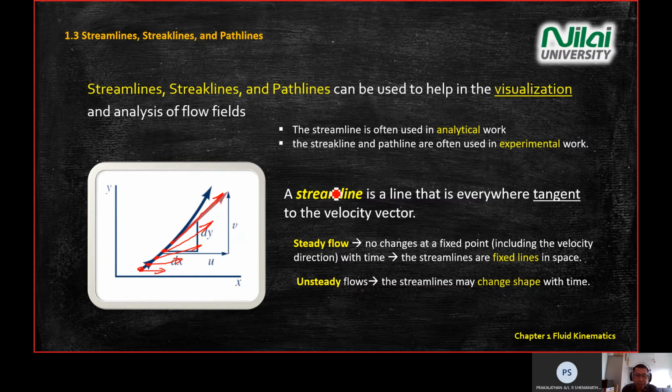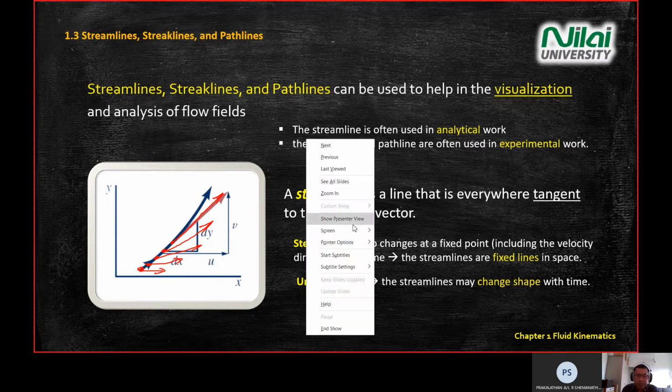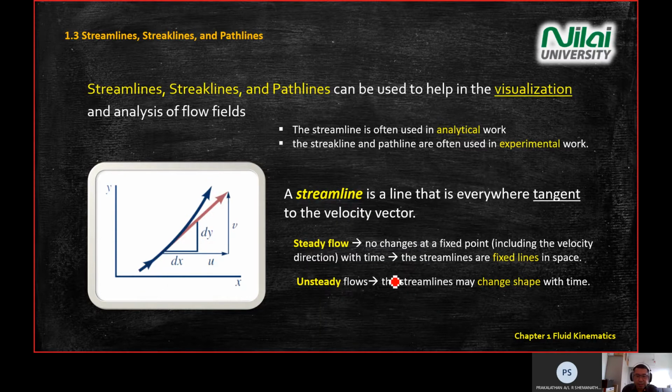So a streamline itself consists of many velocity vectors, but each velocity vector is tangent to the direction of this blue line. Steady flow and unsteady flow, you have to know from the shape of the streamline.